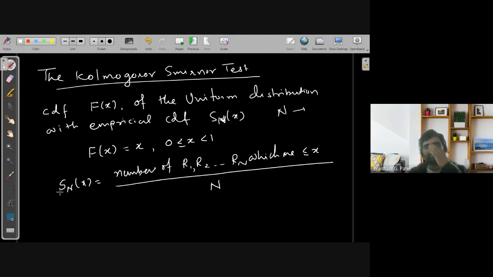So SN of x is how many of the numbers R1 to Rn you produce are less than or equal to x, and n is the number of samples. If n is large, you get a better approximation, and if the null hypothesis is true, we accept it as uniform convergence.